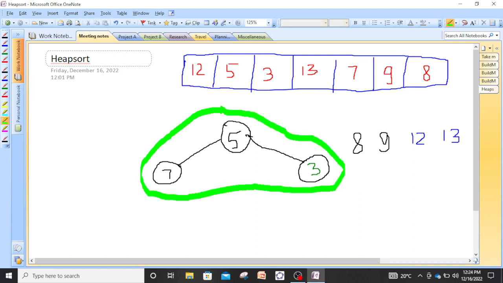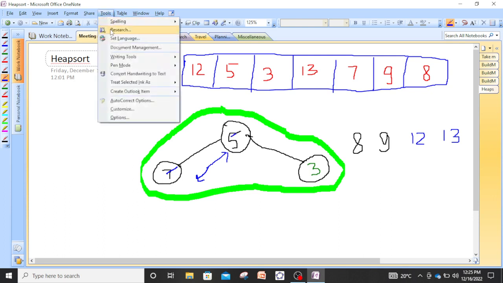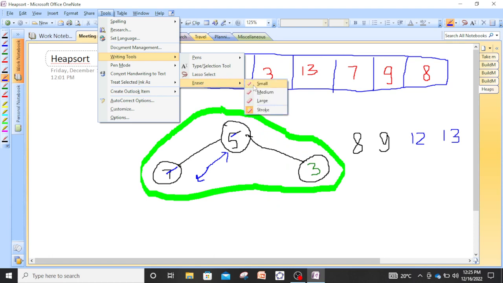If you observe, the largest value is not at the root node, so there will be an interchange, and that interchange will be in this direction. 7 and 5 will be interchanged. 7 will go to the root node, and 5 will come down.